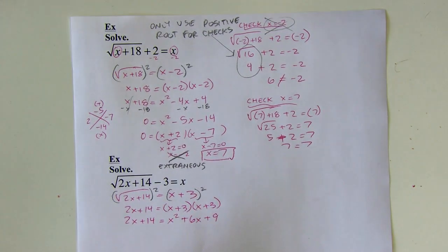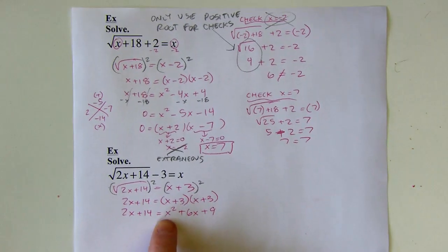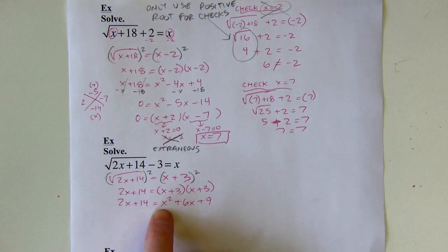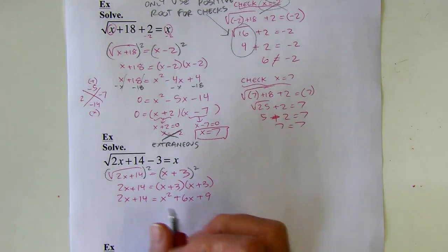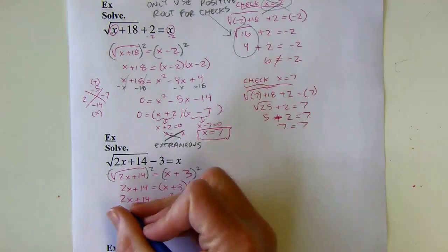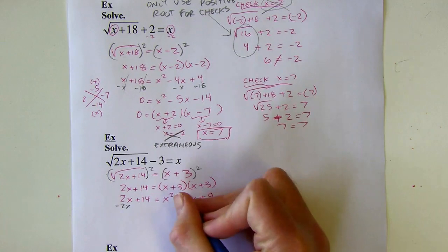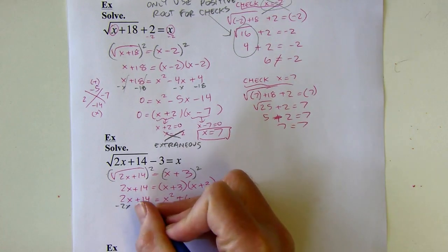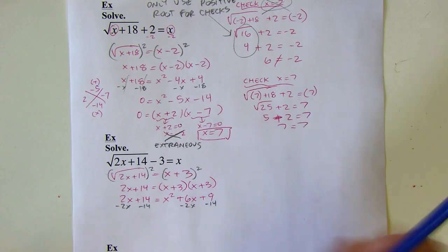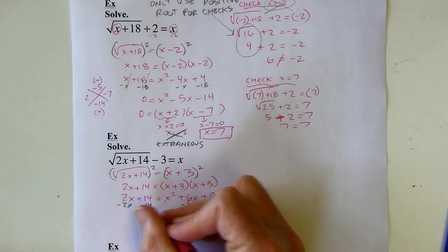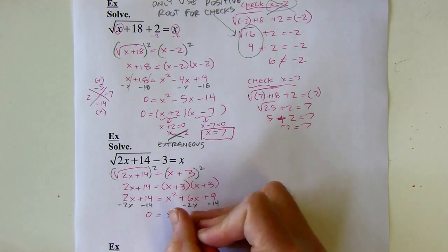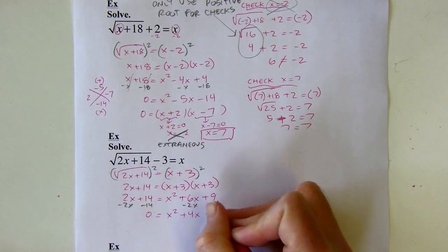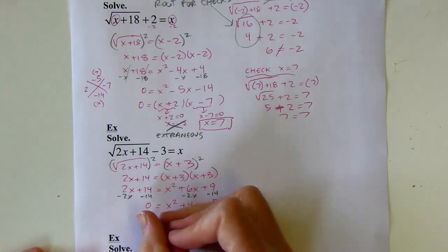Okay, I'm going to pull everything over to the right side. Also, I like to keep the x squared positive if I can, just for factoring purposes. So I'm going to subtract 2x from both sides. And I'm also going to subtract 14 from both sides, so that I've just got 0 on the left side of the equation. Okay, and then I'll factor this.